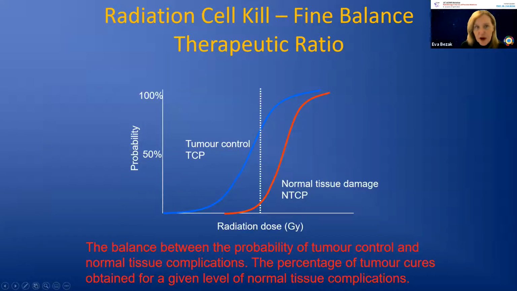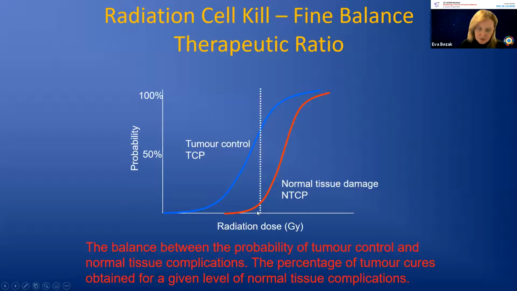So really the premise of radiation cell kill in radiation oncology is fine-tuning the balance, or the therapeutic ratio, between the tumor control probability, which you would like to be 100% because you are trying to eradicate all the cancer cells, while you are minimizing the normal tissue damage, or normal tissue complication probability, of surrounding healthy tissues.